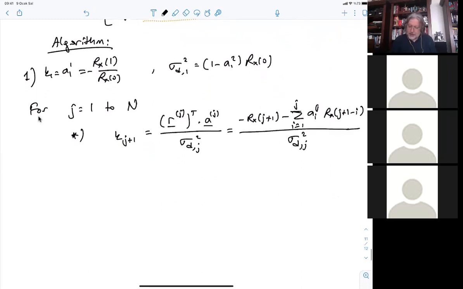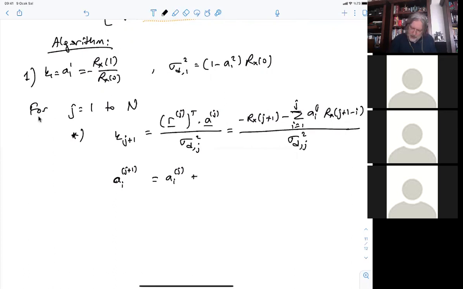And after finding this k, which is an incremental thing, a i of j plus 1, the new j, for example for 2, will be equal to ai from j, that is from 1, in other words, plus the increment.